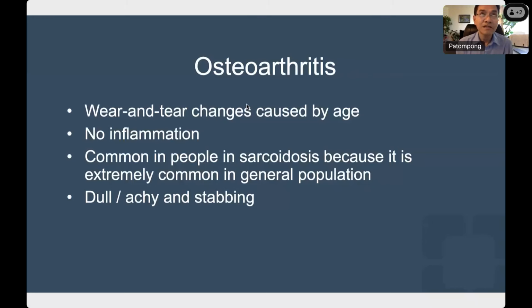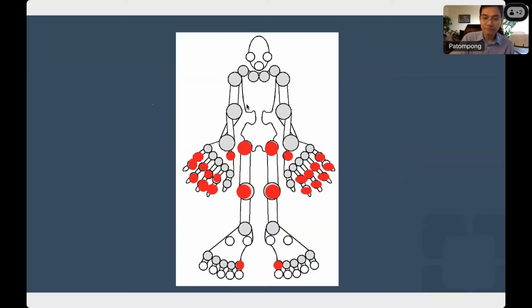Because it is a degenerative process, there is no inflammation involved, so we would not expect to see the warmth, swelling or tenderness that we see in sarcoid arthritis. Patients usually describe their osteoarthritic pain as dull and achy in nature, and it can be stabbing as well when it becomes really bad.